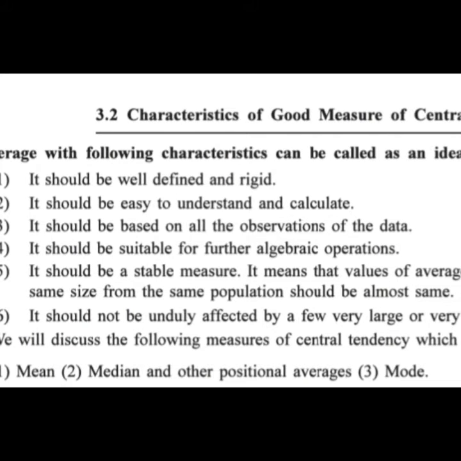It means that if from different areas of the population you have taken different samples and calculated the average, the averages should be almost of the same value, then such a measure can be regarded as the ideal one, right?